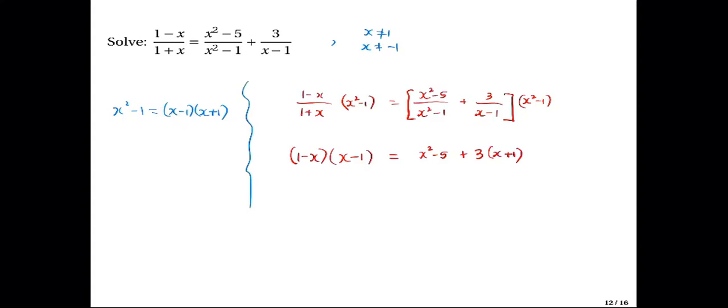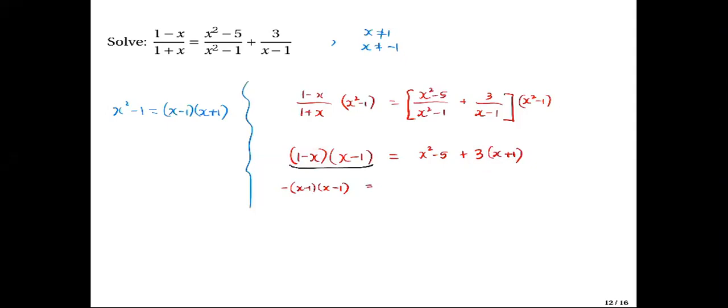For the left-hand side here, this is the same as negative times x minus 1 times x minus 1. I just brought out the negative from this part here. So that's why you have x minus 1 in this part here. And then on the other side, let's distribute the 3 over this sum.